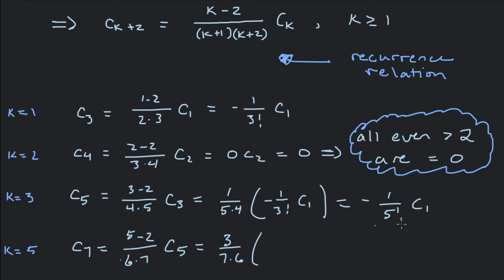And now we plug in what C5 is. It's negative 1 over 5 factorial C1, which is equal to negative 3 over 7 factorial C1.